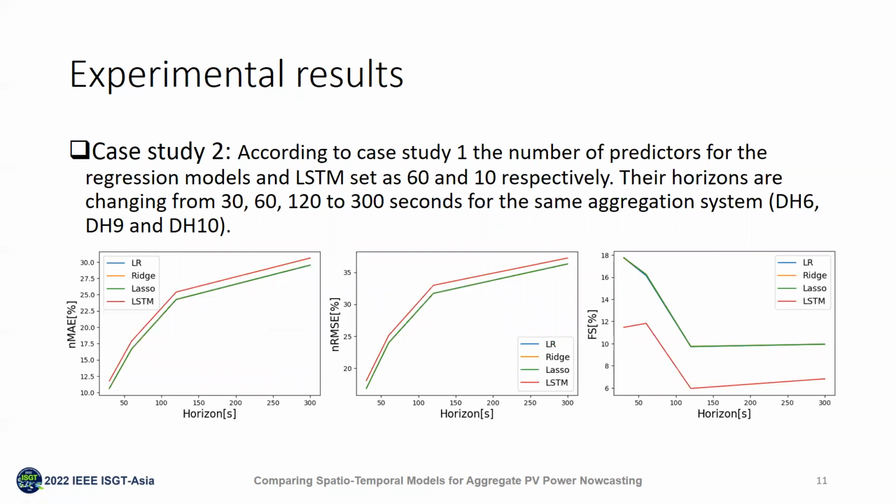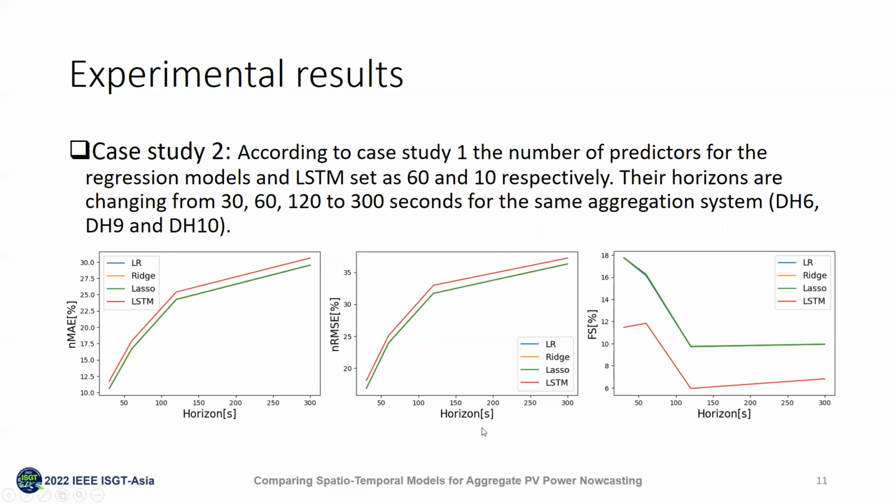For the second case study, based on the previous one, we set the number of predictors for the regression family as 60. For LSTM, it is set as 10. And the horizons change from 30, 60, 120 to 300 seconds. They are for the same aggregation system, DH9, DH6, and DH10.